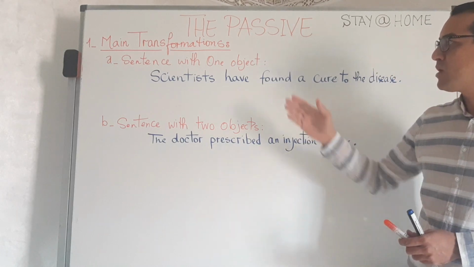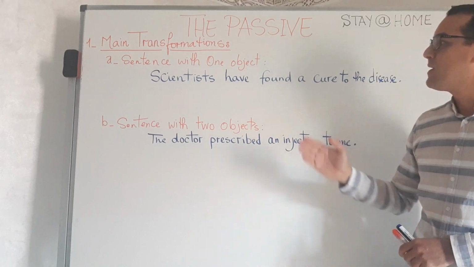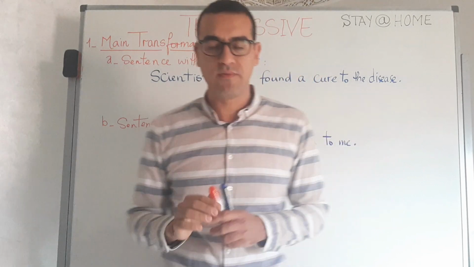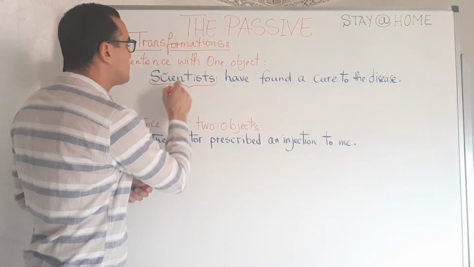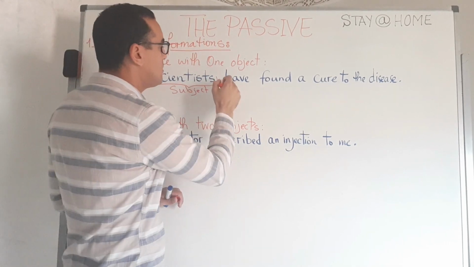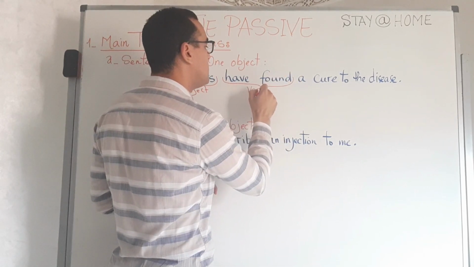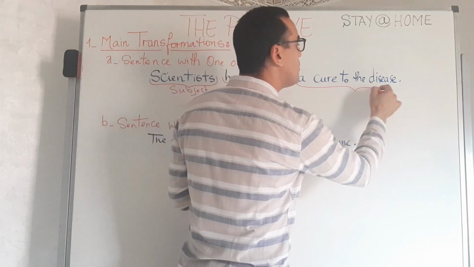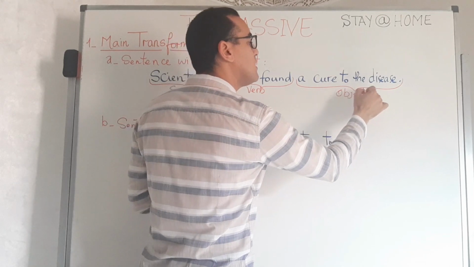As I told you in the beginning of the lesson, let's determine the different word categories. The first word is always a subject. So we have here scientists, subject. The verb is have found. This is the verb in the active sentence. And a cure to the disease is the object. Very nice. So it's very easy.